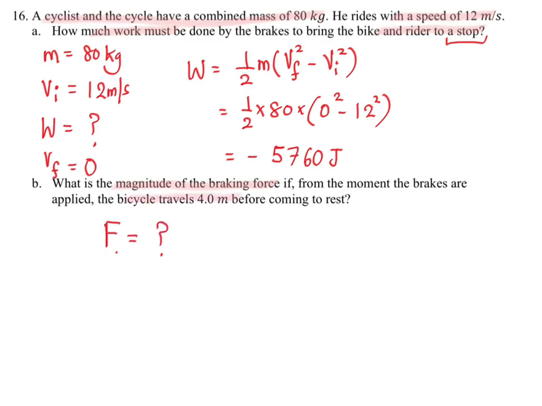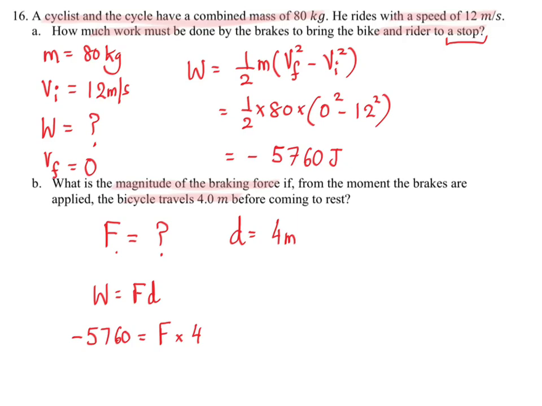So it traveled a distance of 4 meters. So we have the distance 4 meter. W equal to Fd, that's what we are going to use. We are not using Fd cosine theta because there is no angle mentioned here. And even if we want to check, the angle will be equal to 0. So it will become W equal Fd. W, we can get the answer from the first part, negative 5760.